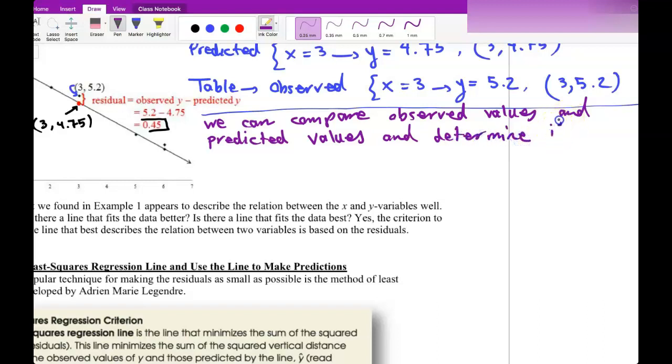And determine if they are above or below average.